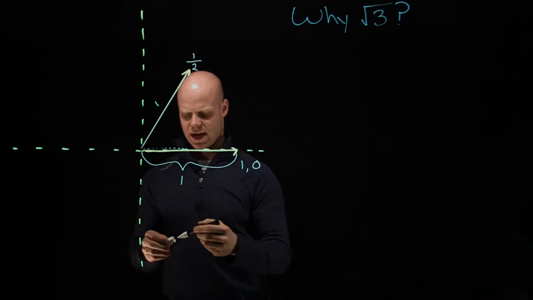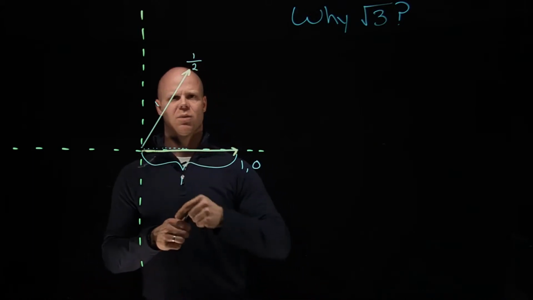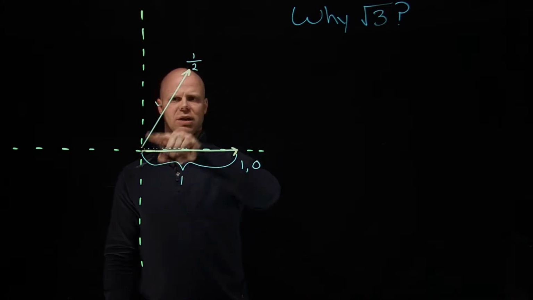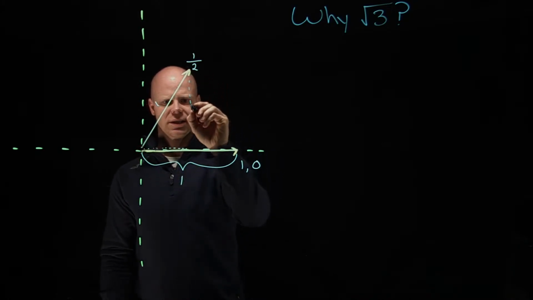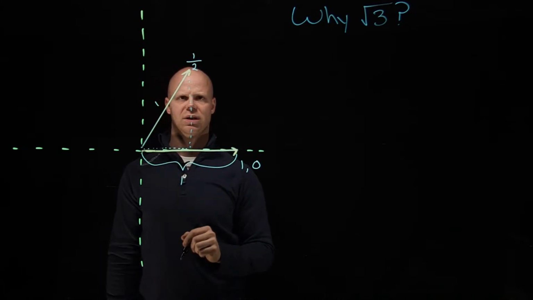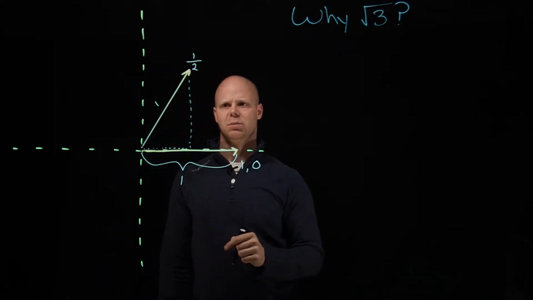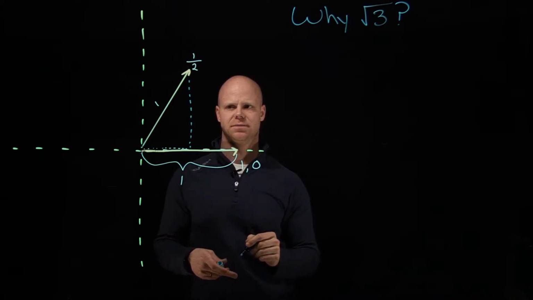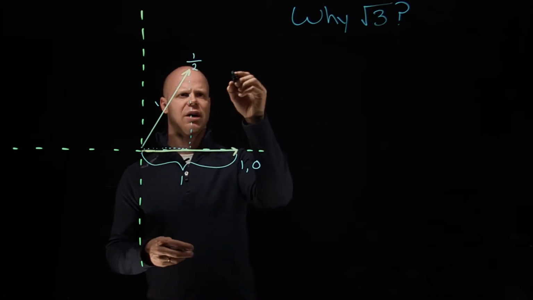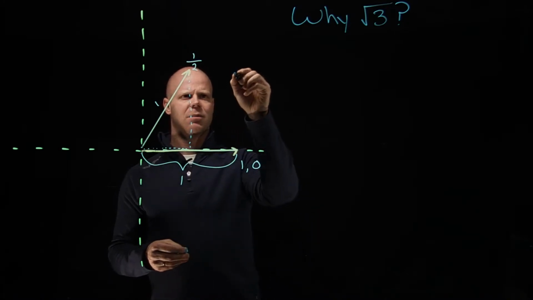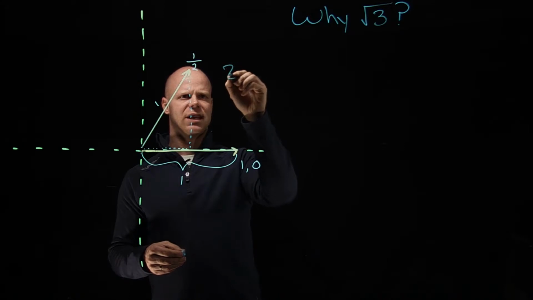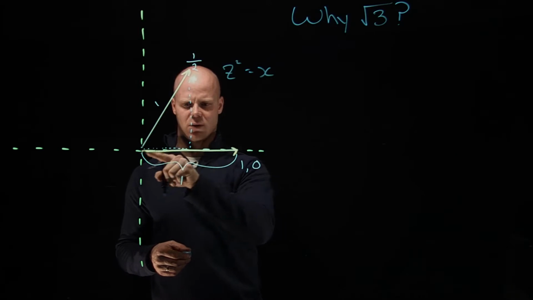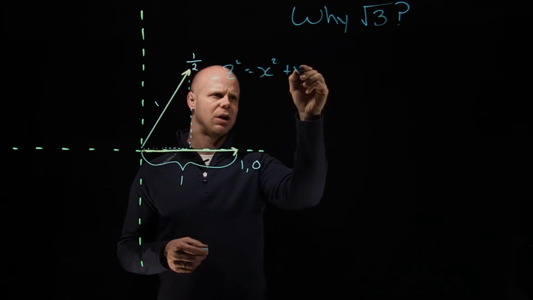So what I need to determine now is, if this horizontal component is 1/2, and the length of the hypotenuse is 1, what does this vertical component equal? What is its y component? We can use the basic Pythagorean theorem to come up with this. I'm going to use 3 values: z squared, my hypotenuse, is equal to x squared, my horizontal, plus my vertical, y squared.